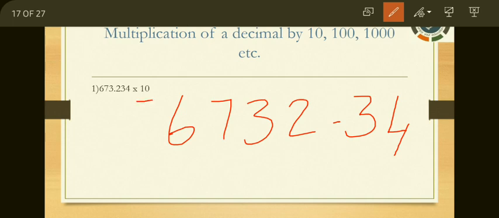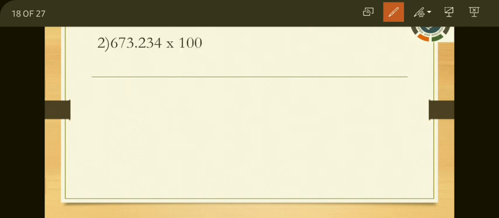In 10, how many zeros are there? One zero. So the decimal point is shifted 1 digit to the right. The decimal point will come after the digit 2. 6732.34.